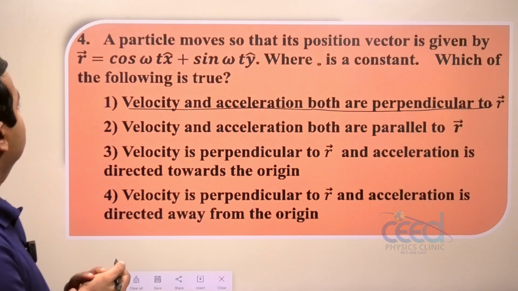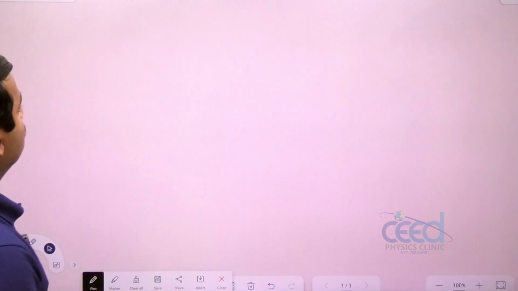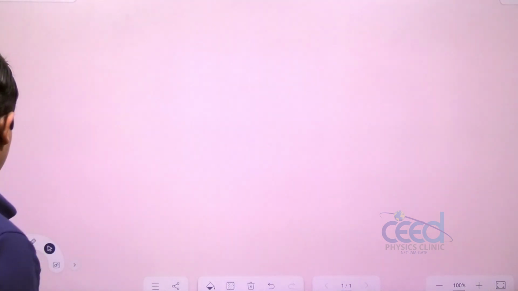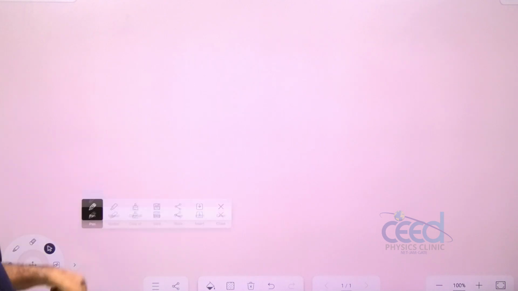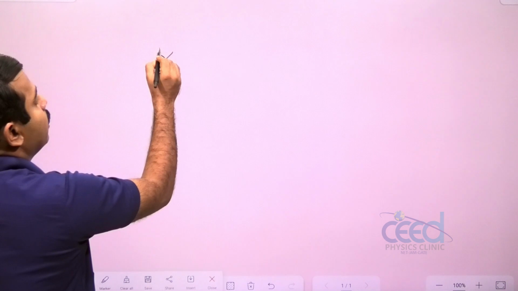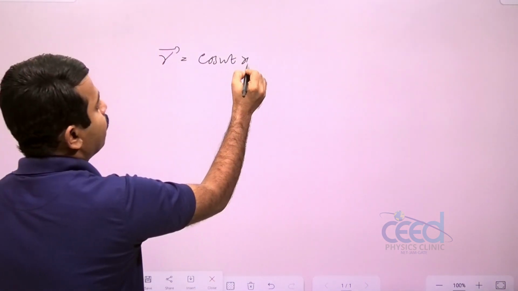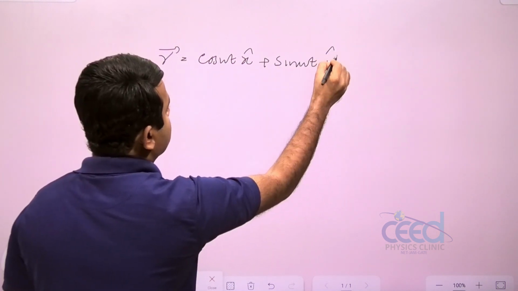So let us check. Let us go to the board. Look here. Here it is given R is equal to cos omega t x cap plus sin omega t y cap, right.